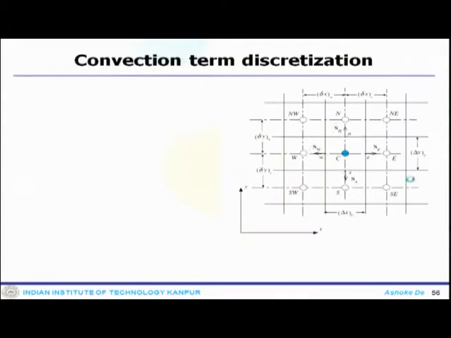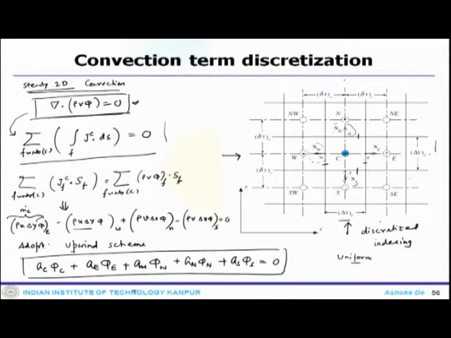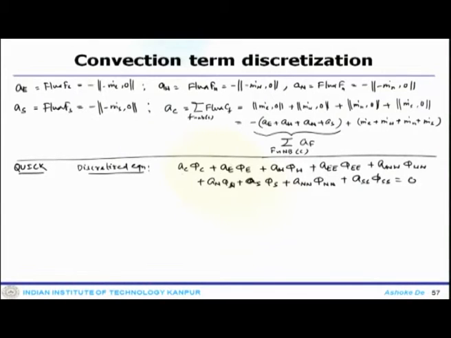As I said a few minutes back, since it is first order upwind, in every direction you just need 3 cells, in x and y. If it is a second order or third order scheme like QUICK, you need 5 cells in each direction, and then, apart from these coefficients, you get these 2 more, and in the y direction these 2 more.